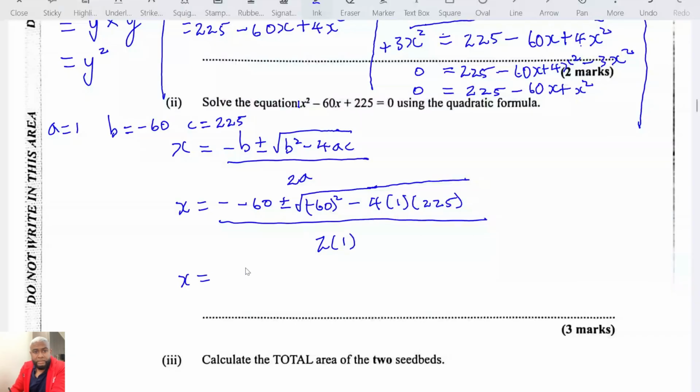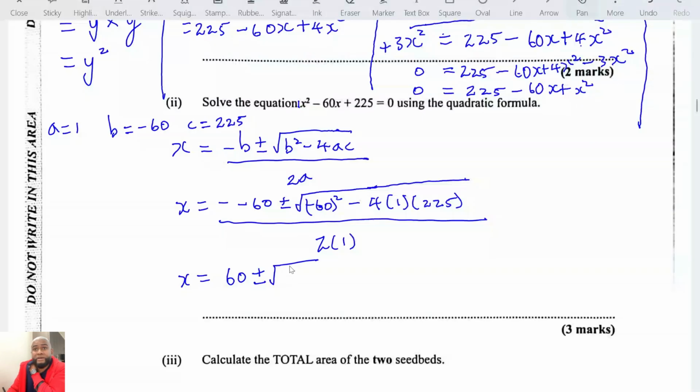So there we go. x would be equal to a negative, and a negative is a positive. So it will be positive 60 plus or minus the square root of what? Anybody work out what is underneath there? 864? You sure? This is negative 60 squared, eh?